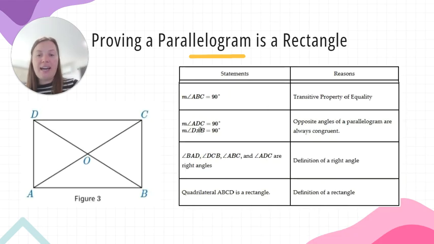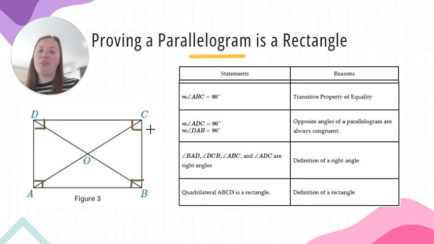It means that basically, if we know that BAD is equal to 90 degrees, and ABC and BAD are equal to each other, both of them have to be equal to 90 degrees. And if opposite angles of parallelograms are equal, then that means the other angles have to be 90 degrees.